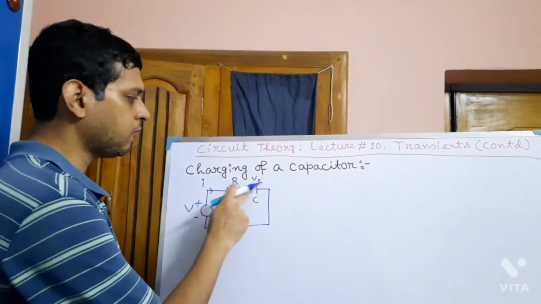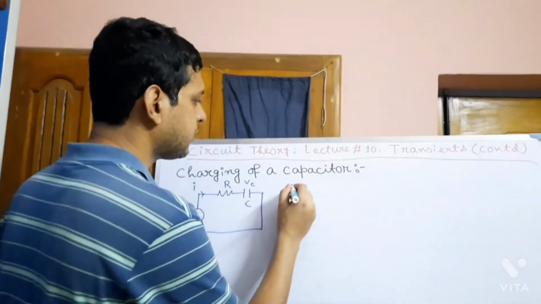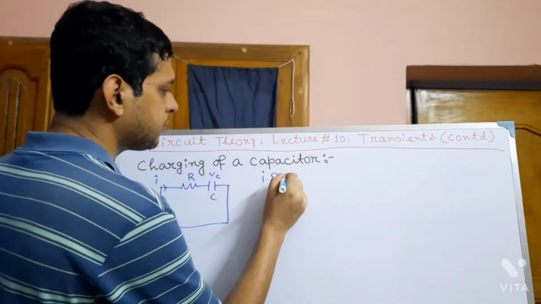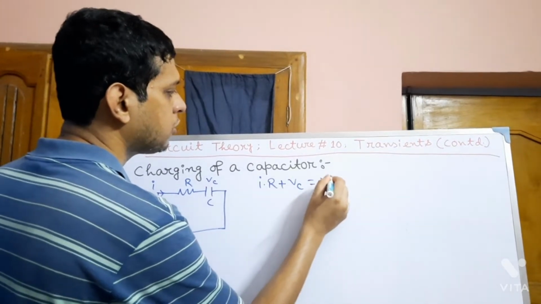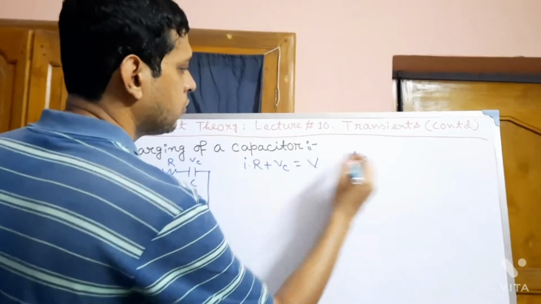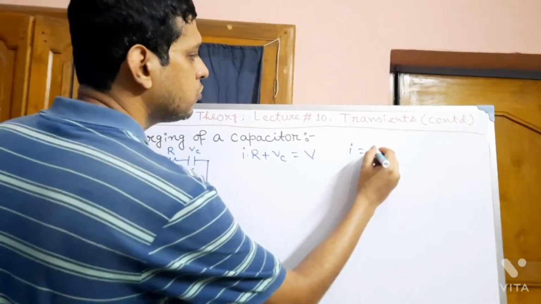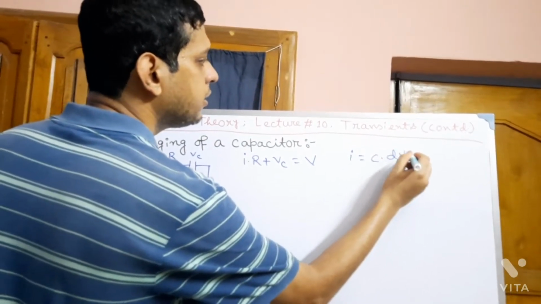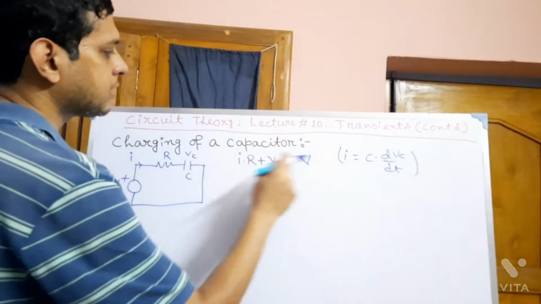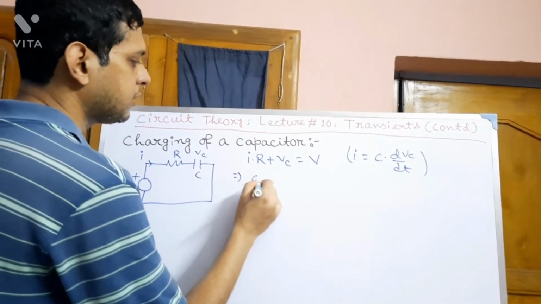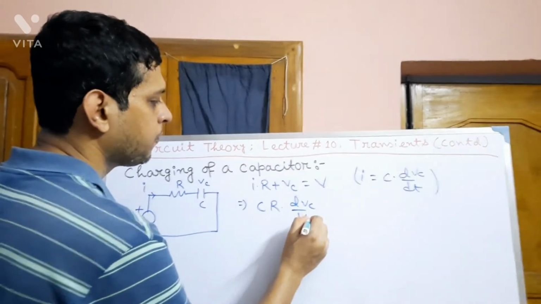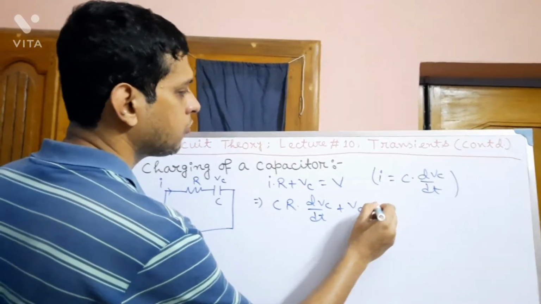If we apply KVL in this loop, we will get IR plus Vc equal to V. And we know that I equals C dVc/dt. If we replace this I here, we will get RC dVc/dt plus Vc equal to V.